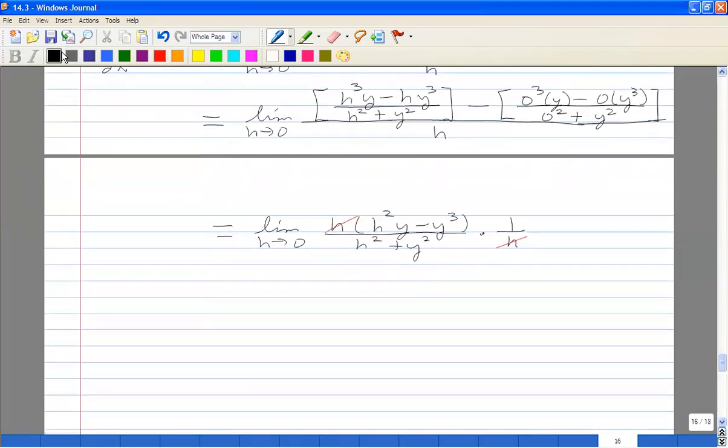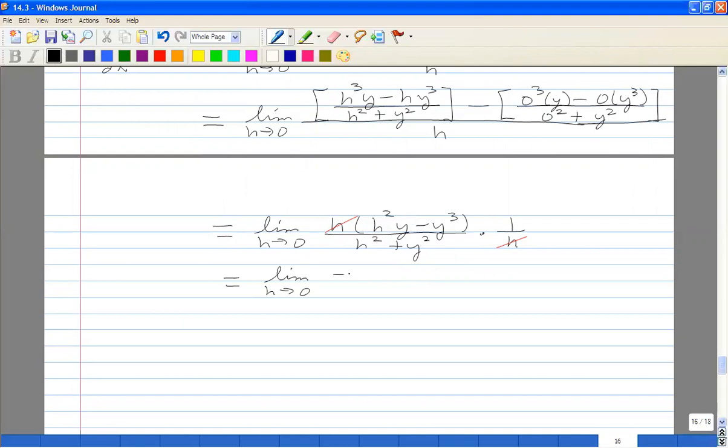and so I get the limit as h approaches 0 of h squared y minus y cubed over h squared plus y squared. As h goes to 0, well, this term goes to 0, so does this term.